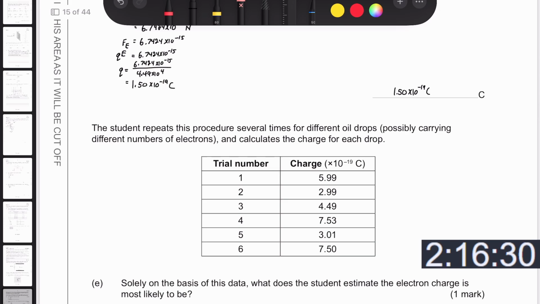The student repeats the process on the trials for different oil drops, possibly carrying different numbers of electrons. Calculate the charge of each drop. What does the student estimate the electron charge most likely to be? So am I just supposed to take the average of these?